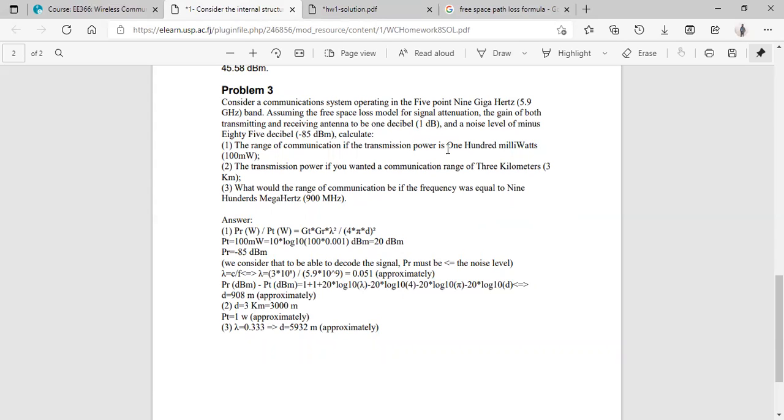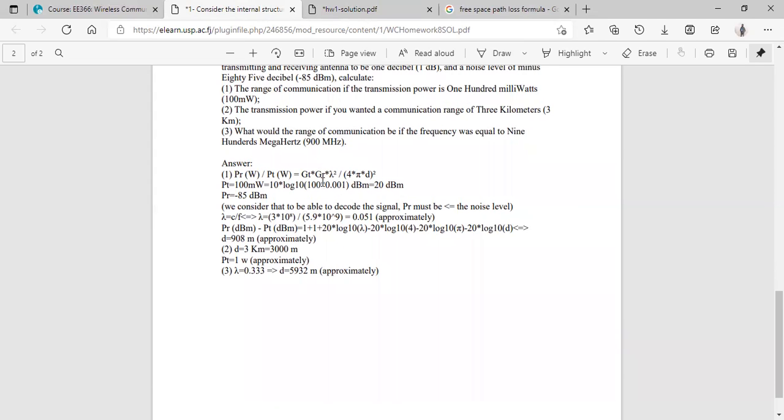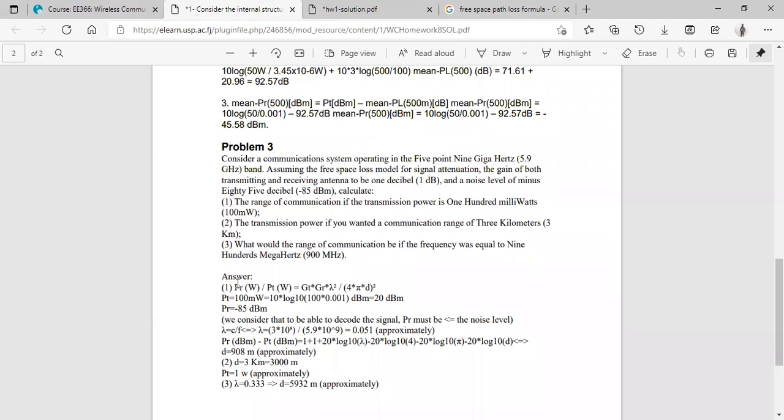Calculate the range of communication if the transmission power is 100 milliwatts. So again, using the free space loss model, that is represented by PR upon PT equal to GT times GR times lambda squared divided by (4 pi d) whole thing squared.